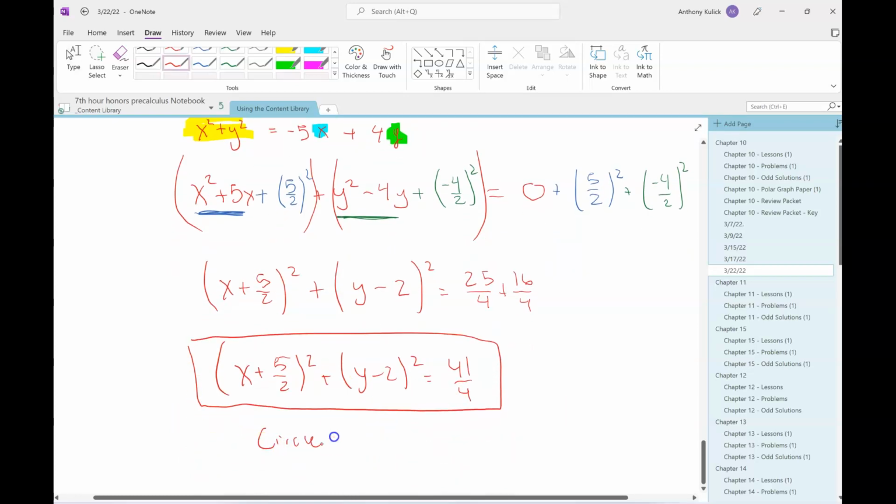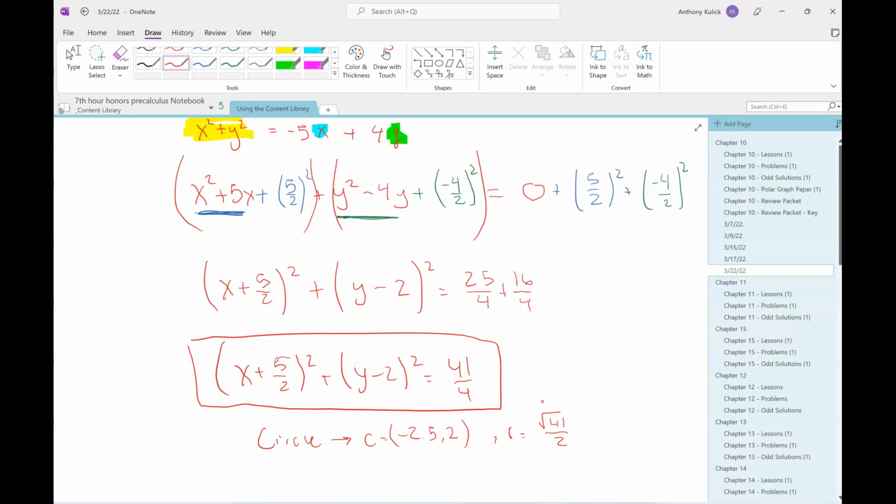So again, this circle has center negative 2.5 comma 2, and the radius would be the square root of 41 over 2. Which, again, pulling that from the calculator, is not very realistic.